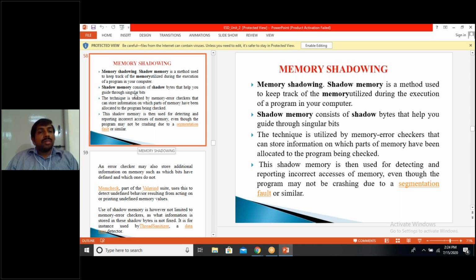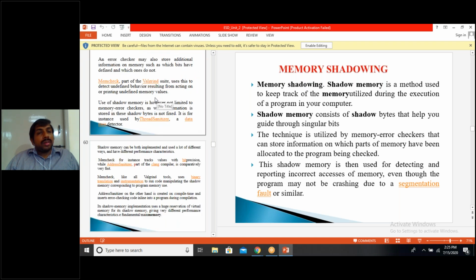Shadow memory consists of some shadow bytes that help guide you through these singular bits. The technique is utilized by memory error check methods, where it can store information on the part of memory allocated to the program being checked. This shadow memory is then used for detecting and reporting incorrect access of memory, even though the program may not be crashing due to segmentation.